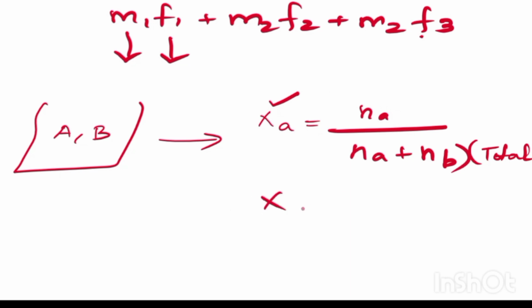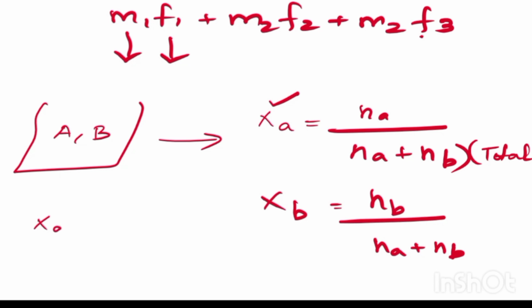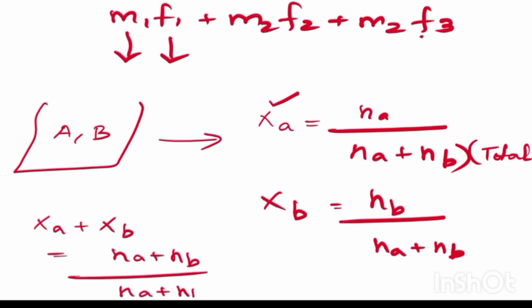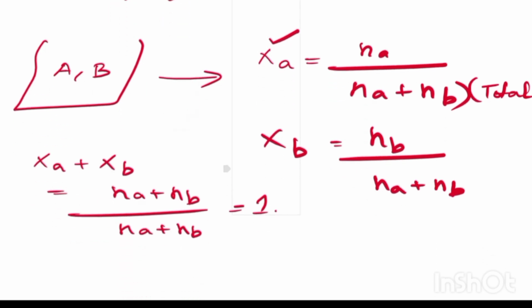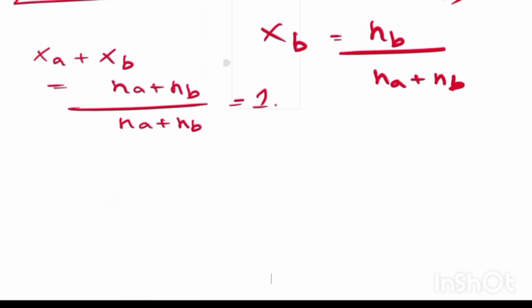So similarly, what is the mole fraction of B? It will be Nb divided by Na plus Nb, right? So when you are adding the mole fraction of both, what will you get? Will be Na plus Nb divided by Na plus Nb, and it will be equal to 1. So from this, what can you understand? The sum of the mole fractions of all components present in a mixture will be equal to 1.